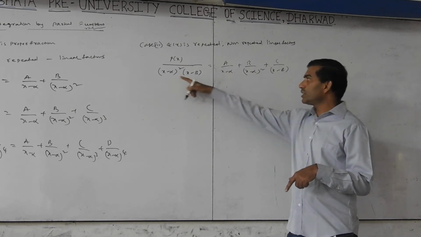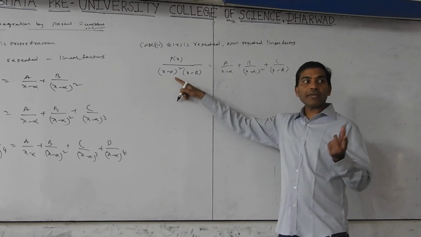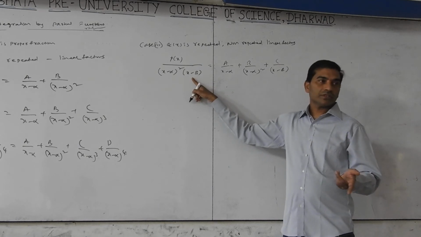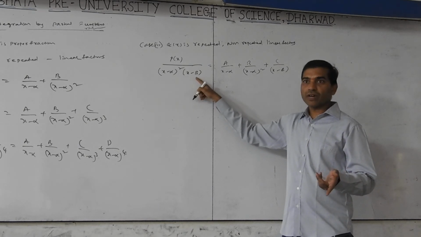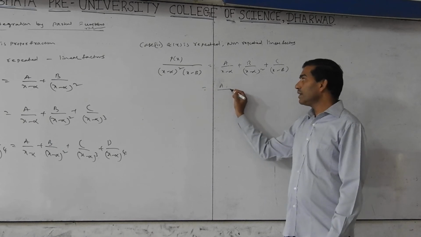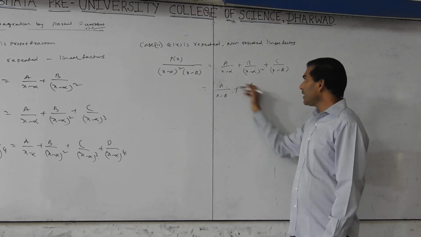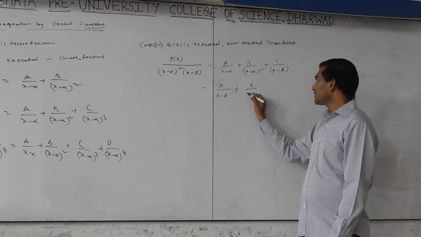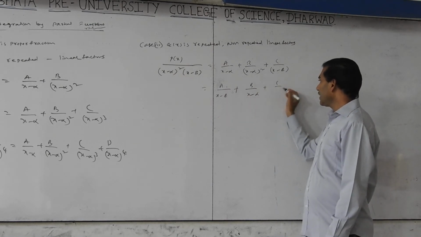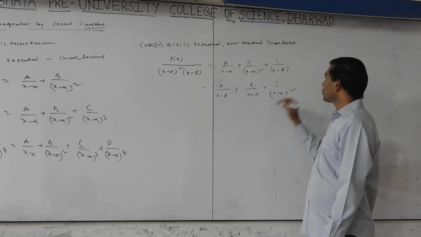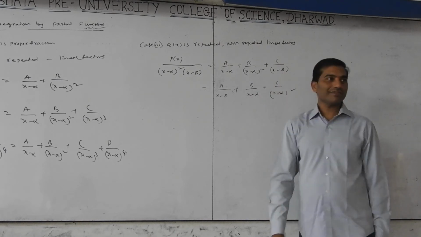Some student may take the beta term first also. If you take that first, what happened? A by x minus beta plus B by x minus alpha plus C by (x minus alpha) whole square. The answer will be the same only.